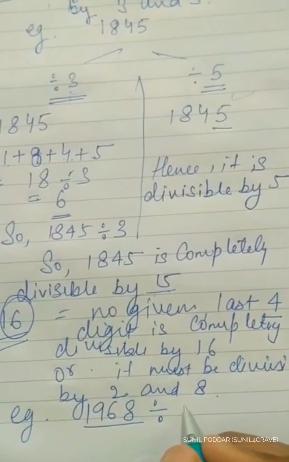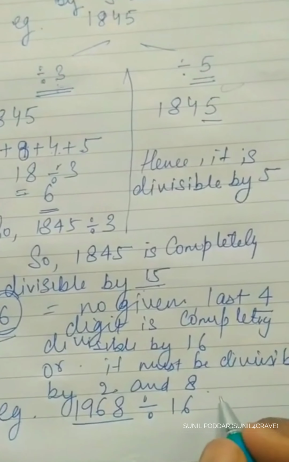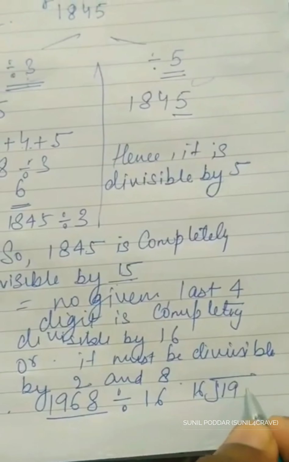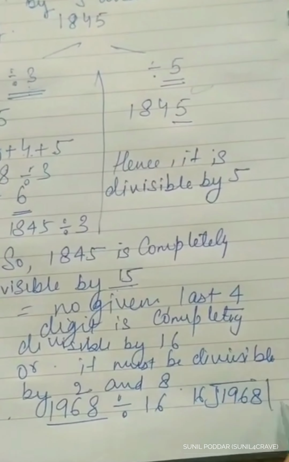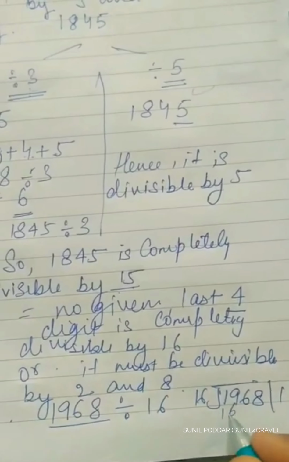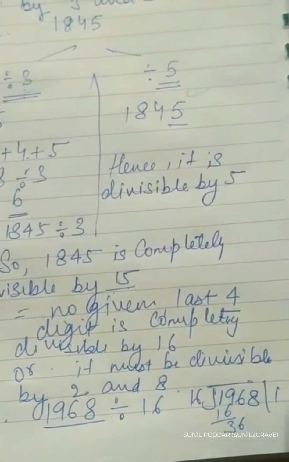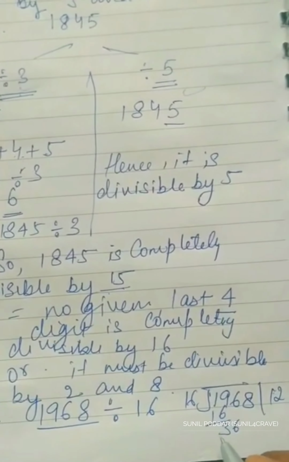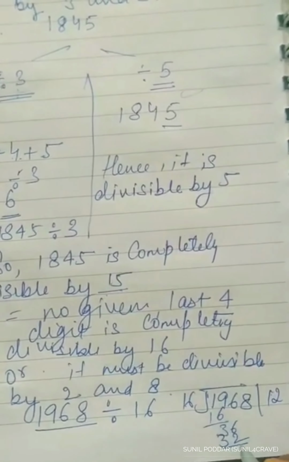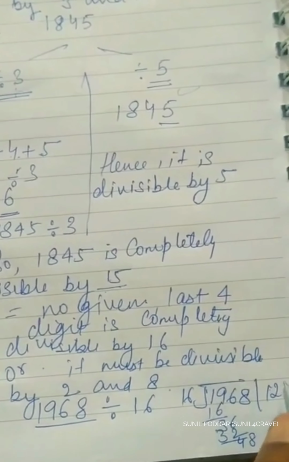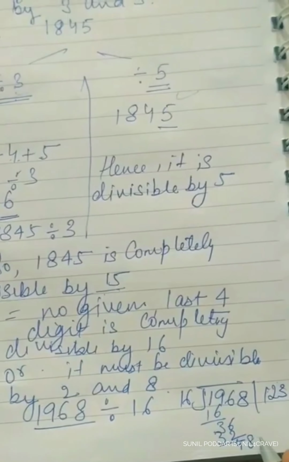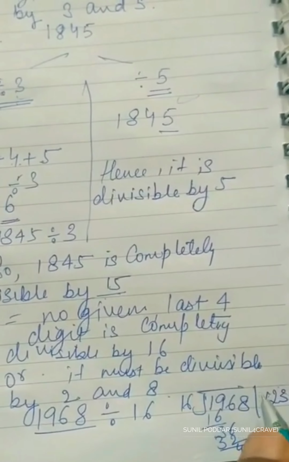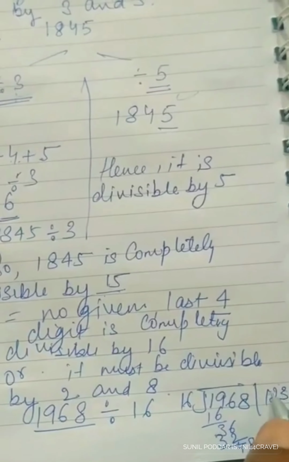If you divide it by 16, it is gone by 579.